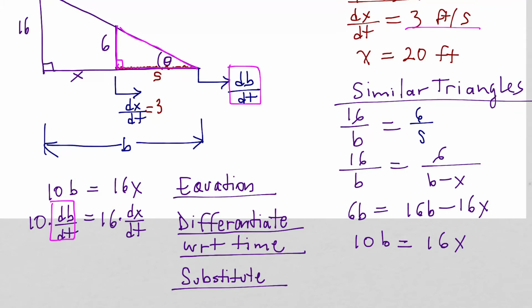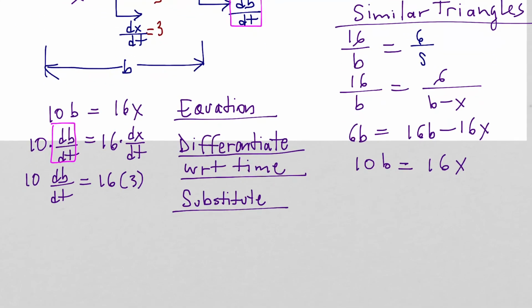So substituting in here, we've got 10 times db/dt is equal to 16 times dx/dt, which is 3. So that means db/dt is 48 over 10. That's equal to 4.8 feet per second.